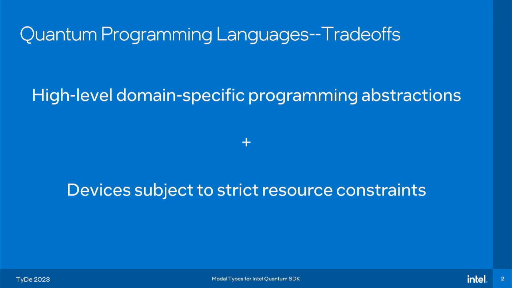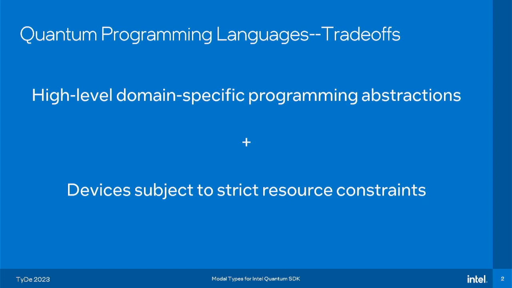But in this talk, I wanted to talk about what I see as one of the core problems in quantum programming language research, which is a trade-off between enabling the sort of high-level, domain-specific programming abstractions that we need for quantum computing, while also preserving properties that are needed to compile that program to quantum devices with very strict resource constraints, which are all of the quantum devices that we currently have and will have for the near future.